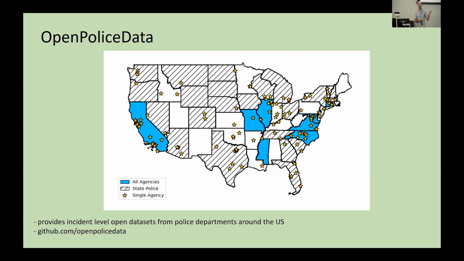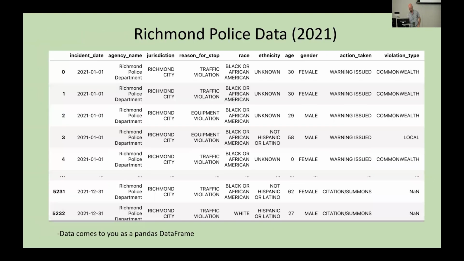So Paul was asking me, how do we map this? Ideally, how do we map this without third-party software? We don't want to take this data and then go to QGIS or ArcGIS. We want to do it all in Python. So that's where I came into play. When you make a query in this Open Police Data library, it comes back looking like this.